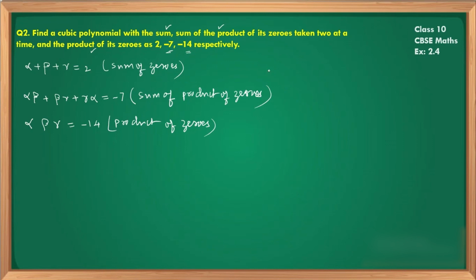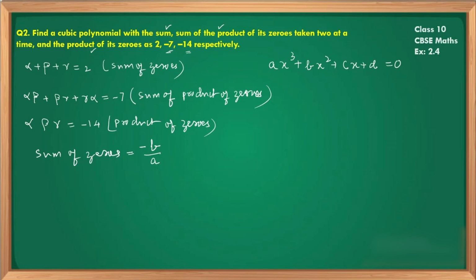Cubic polynomial general form is ax cube plus bx square plus cx plus d, and this is the general form, and that is equal to 0. Now we know very well the sum of zeros is equal to minus b by a.